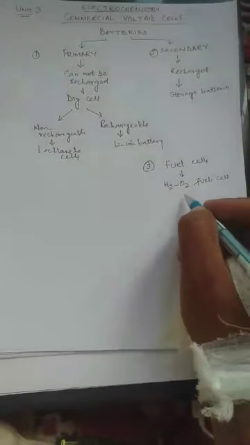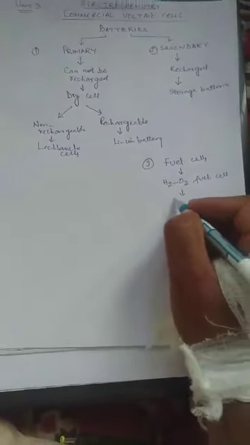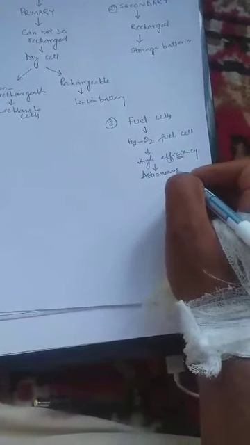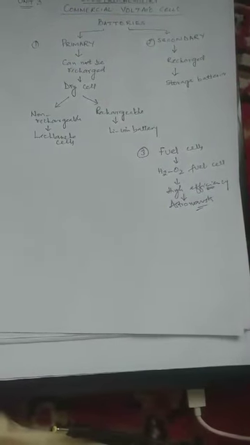This cell has very high efficiency, around 70% as compared to other cells. It is used by astronauts, who get both water as well as current from these cells.